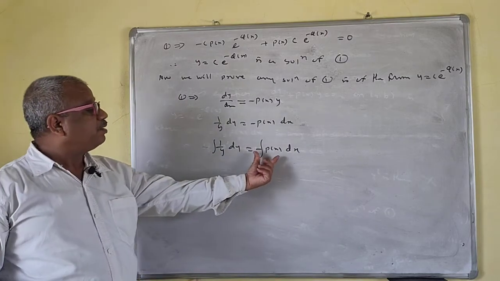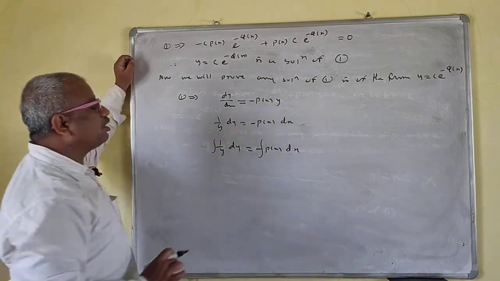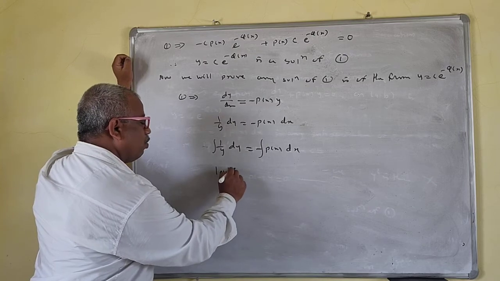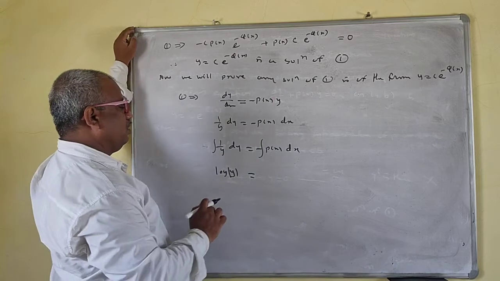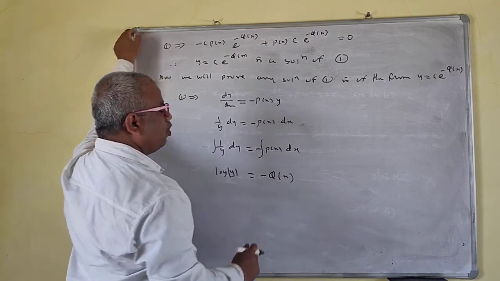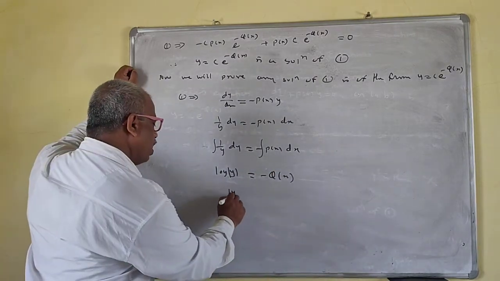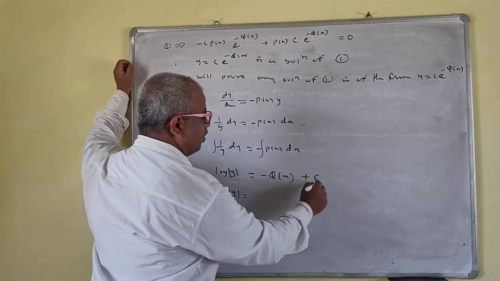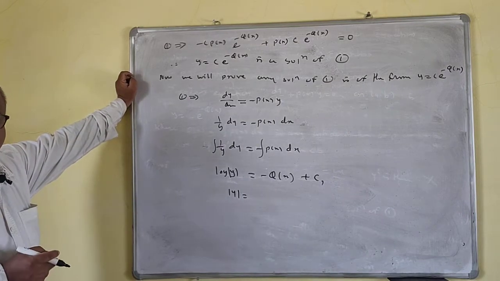We have provided that the integration of p of x is phi of x. So this is log of mod of y, because the log of a positive number exists here, equal to minus phi of x plus c1, where c1 is the arbitrary constant we get while solving the differential equation.